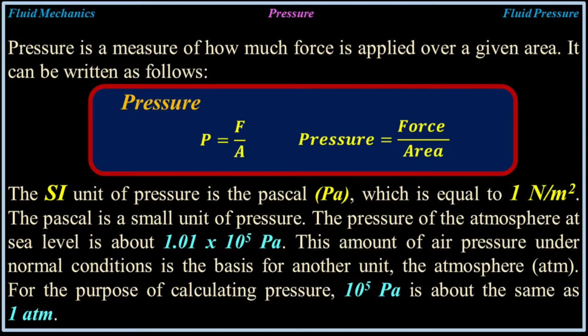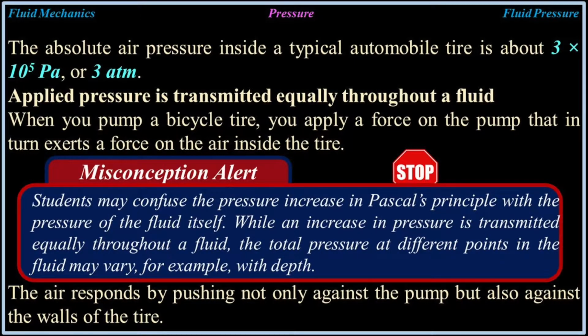For the purpose of calculating pressure, 10 to the 5th pascals is about the same as 1 atmosphere. The absolute air pressure inside a typical automobile tire is about 3 times 10 to the 5th pascals, or 3 atmospheres. Applied pressure is transmitted equally throughout a fluid.